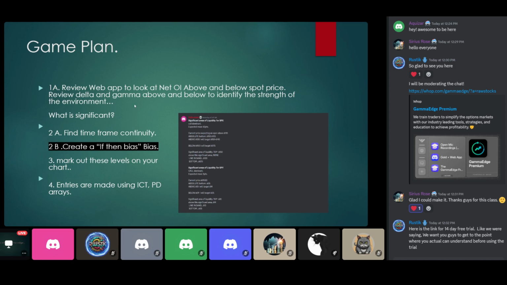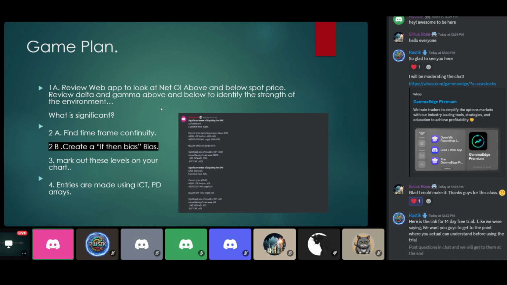So, step by step: first, review the web app to look at net OI above and below spot price. Second, review delta and gamma above and below to identify the strength of the environment and what is significant. I also like to pair this with full time frame continuity. For example, are we trending upwards on the hourly, daily, weekly, quarterly?